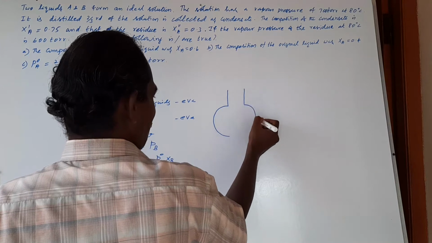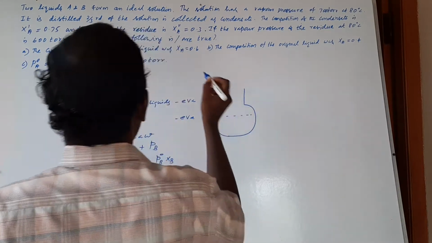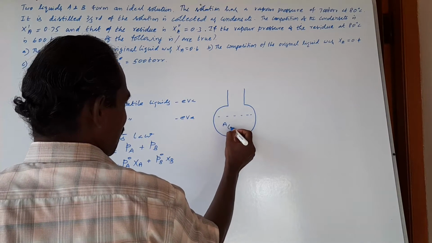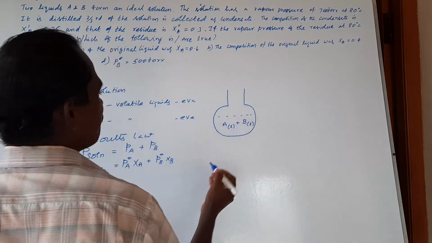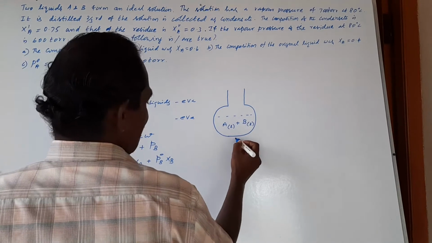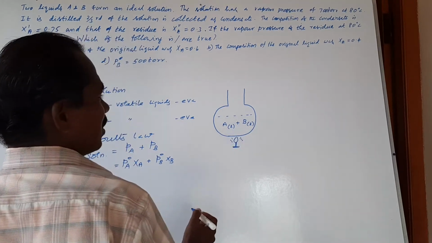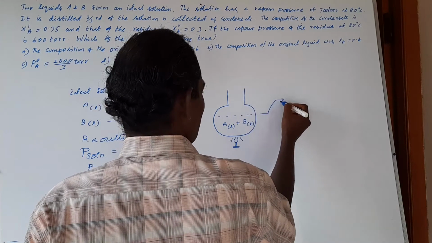Here we are taking a round bottom flask. In the round bottom flask we will take an ideal solution. In this ideal solution, volatile liquid A is present and volatile liquid B is present. It is distilled. We will get two things from here.